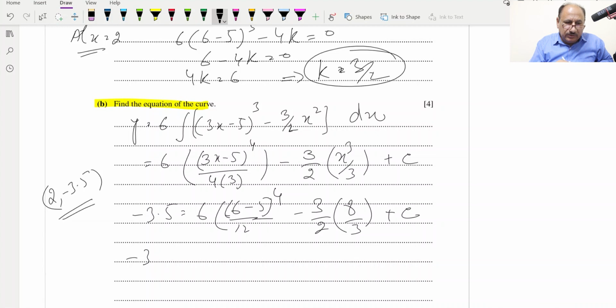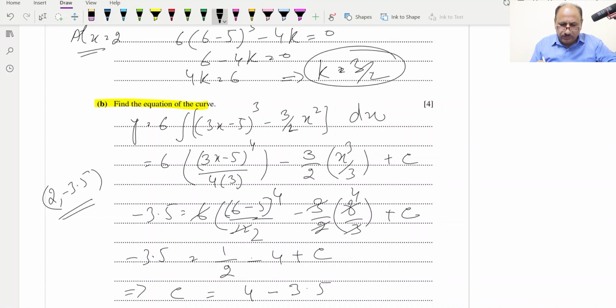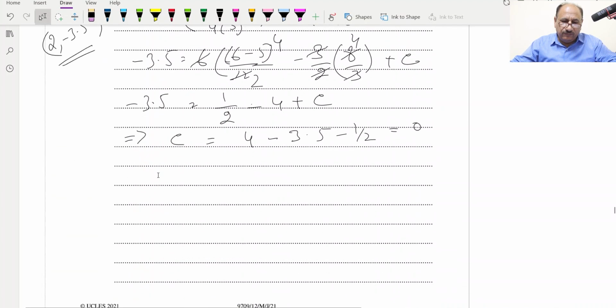So minus 3.5 is equal to 6 2s are 12, and 6 minus 5 will be 1, 1 raised to 4 will be 1, so this will be 1 by 2, and 3 will be cancelled, and 2 4s are 8, so minus 4 plus c, and we can find the c value. So this implies c is equal to 4 minus 3.5 minus 1 by 2, and this will be equal to 0. So the c value is 0.